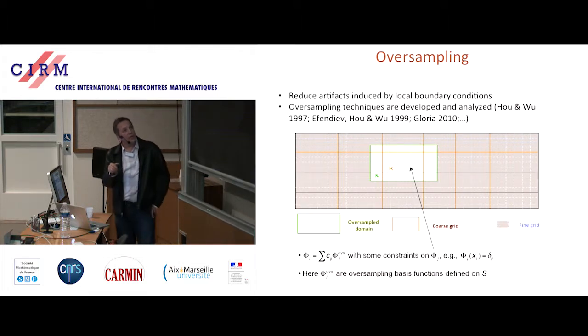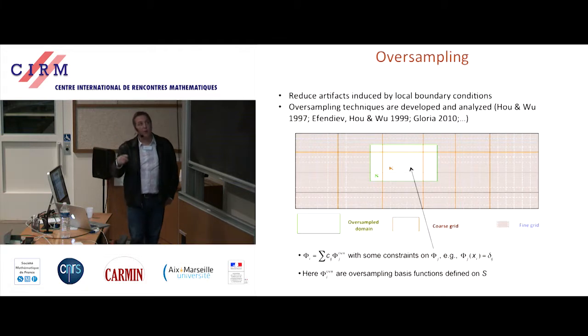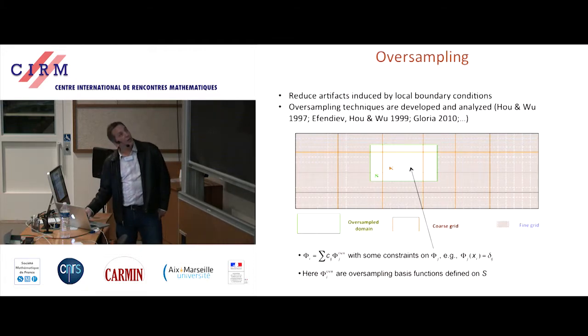And what we do is we solve either the eigenvalue problem on this domain, or you put different boundary conditions on this problem, one on each of the degrees of freedom, and you solve as many problems as you have degrees of freedom on the boundary. And in this oversampling domain, you solve for your local basis functions.